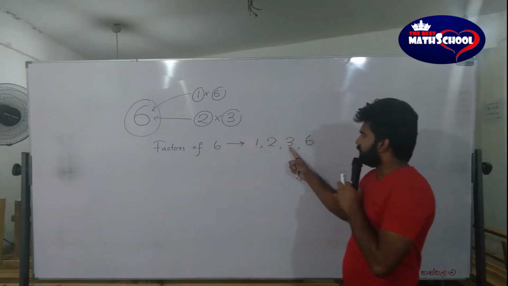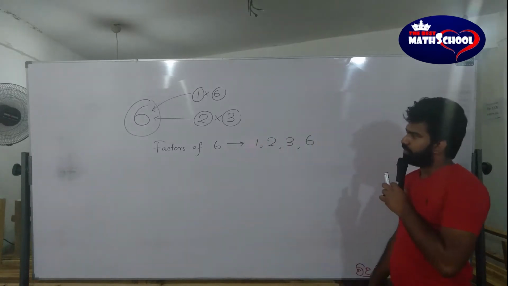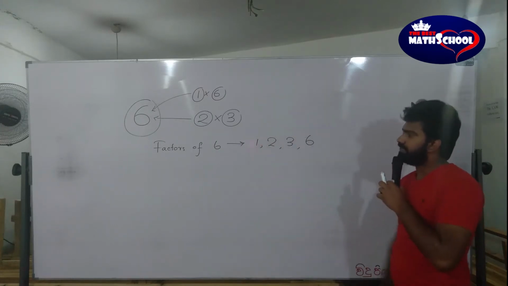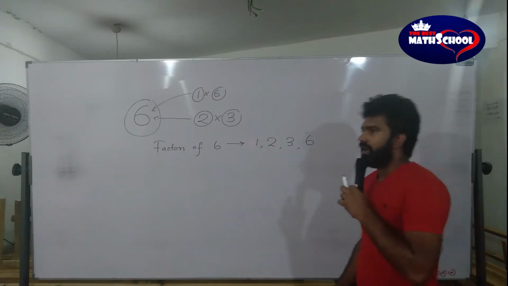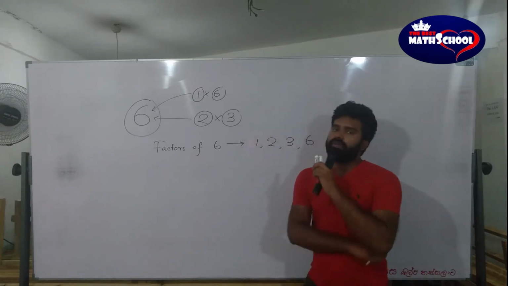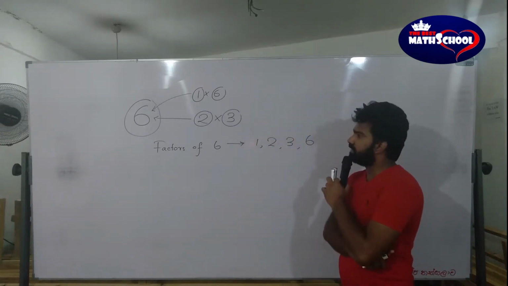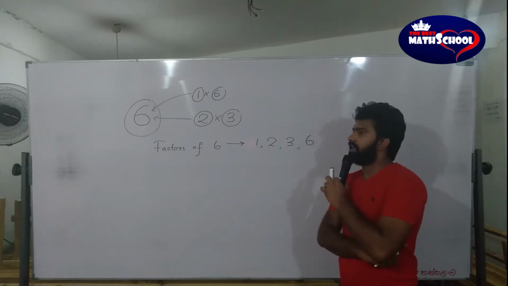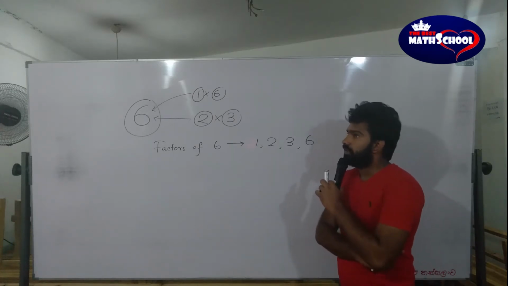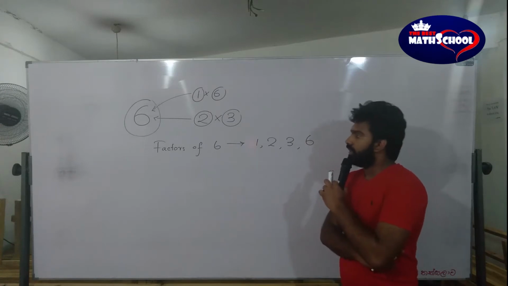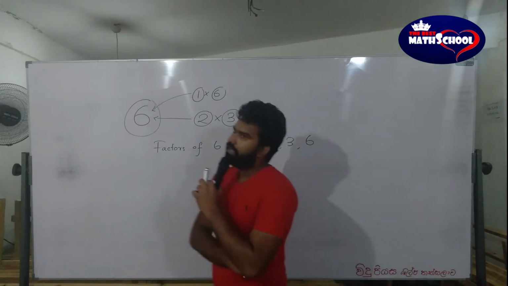If I divide 6 by 3, it will be 2 and no remaining. If I divide 6 by 6, it will be 1 and there also will be no remainder. So these factors, if we are writing it as a product, it will be nicely divisible. So that means factors, right?